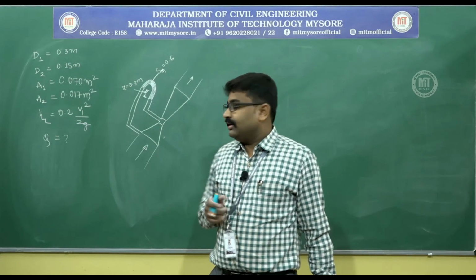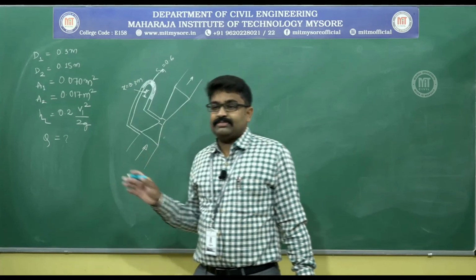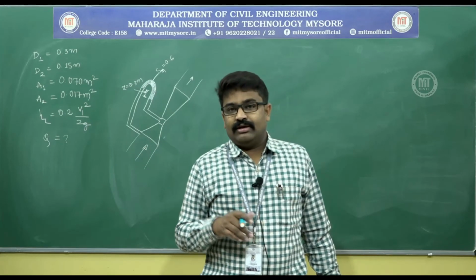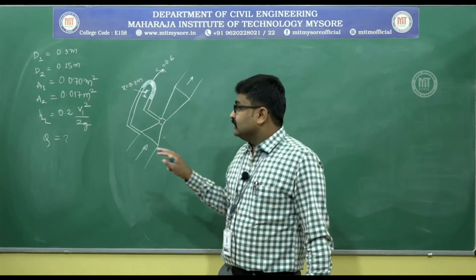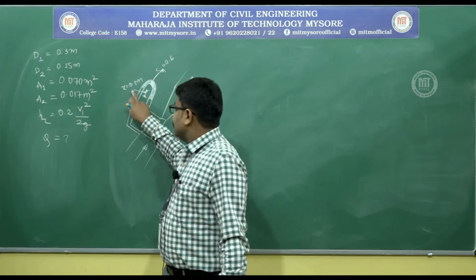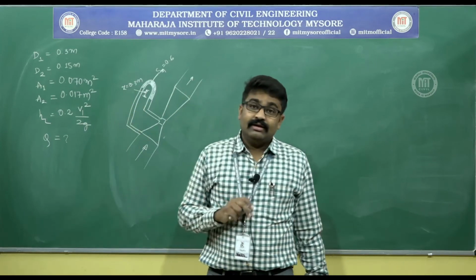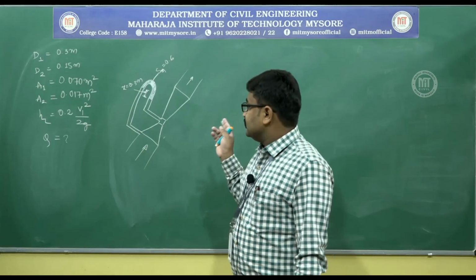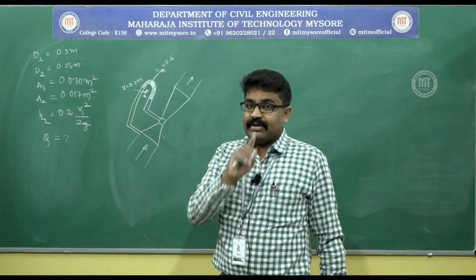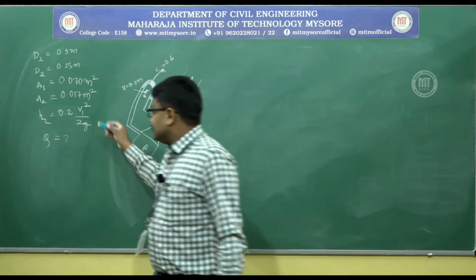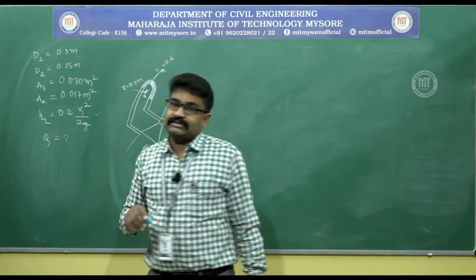For an inclined venturi meter, H is P1 by rho g plus Z1 minus of P2 by rho g plus Z2. Or since X is given, you can find that using H is equal to X into 1 minus Sm by Sp.